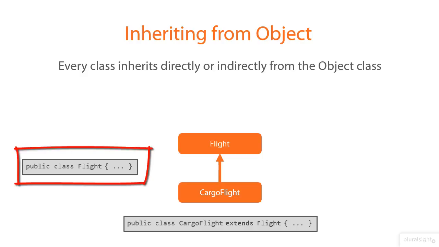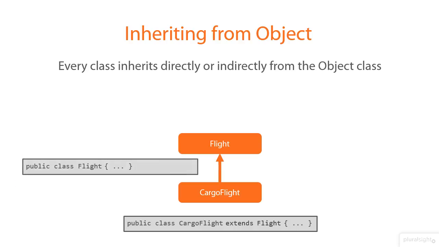Now looking at the Flight class, there's nothing about it extending anything, but what's implied in that class declaration is that the class Flight extends the Object class. By not saying what it extends, it implicitly extends the Object class. To diagram that, we would have the Object class and Flight inherits from that.